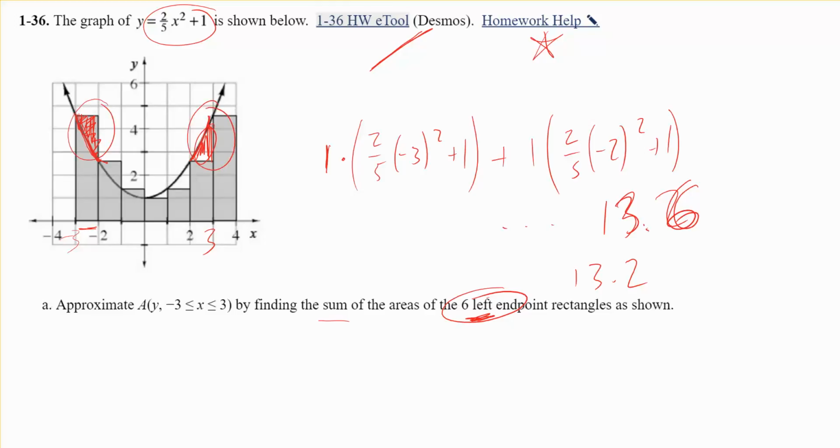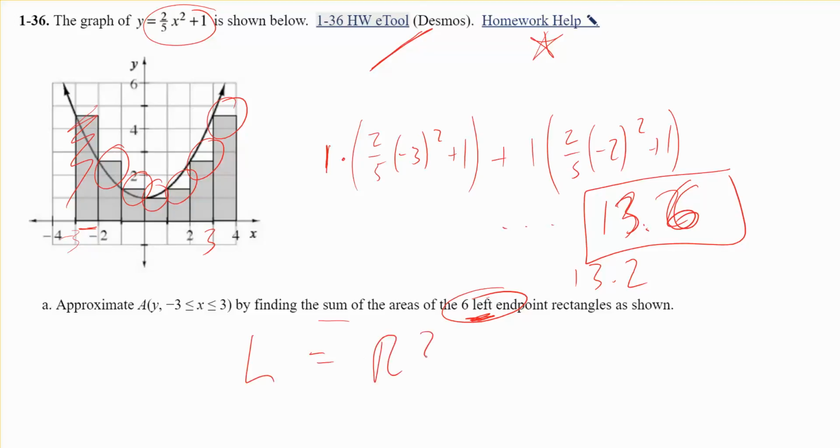In C, we want the right rectangles. Now this is the right rectangles, and I think that you should be able to see that that should add up to the exact same thing again. So 13.6. And then having the discussion in D, should the lefts always equal the rights?